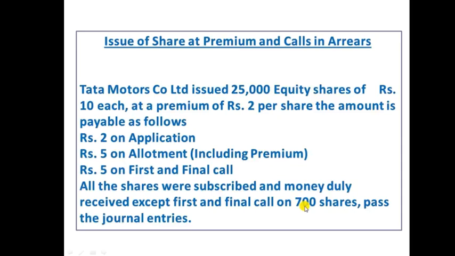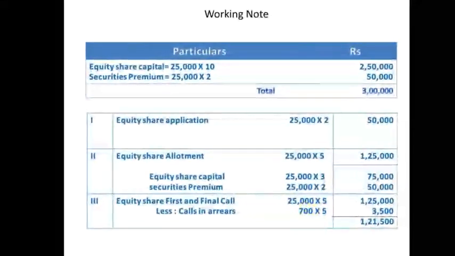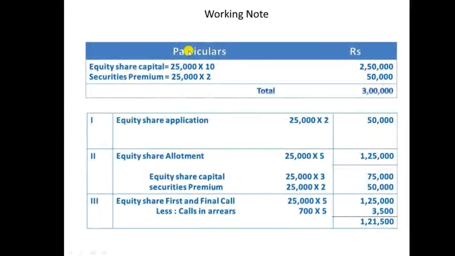Now let's see the working note. Equity share capital 25,000 into 10, 2,50,000, and securities premium 25,000 shares into 2 each, 50,000. The company is going to collect a total of 3 lakh from the shareholders, capital 2,50,000 and premium 50,000. Now this 3 lakh rupees the company is going to collect in 3 installments.